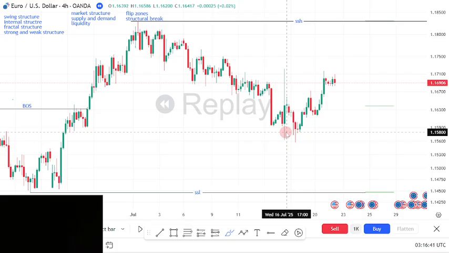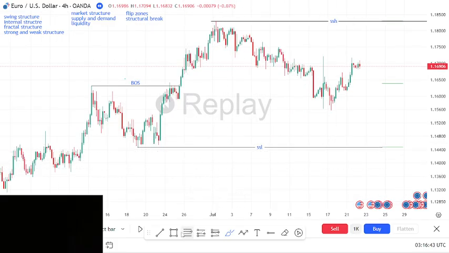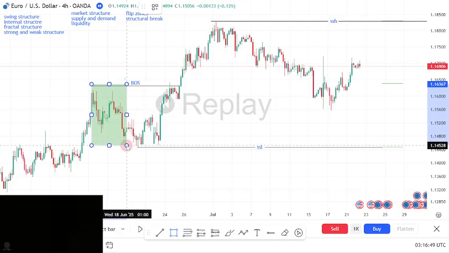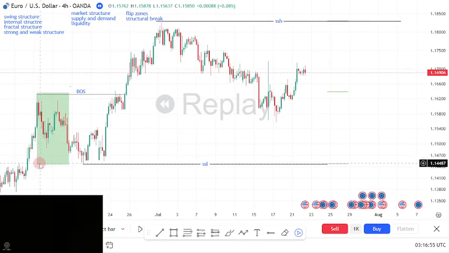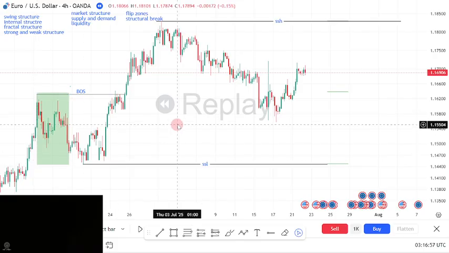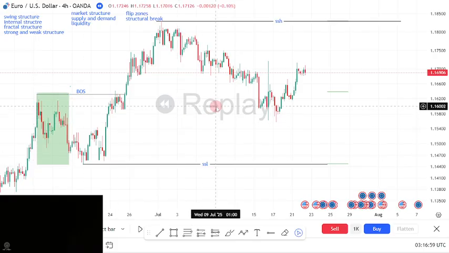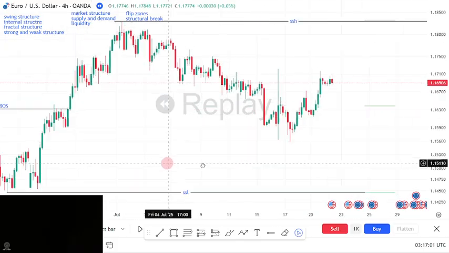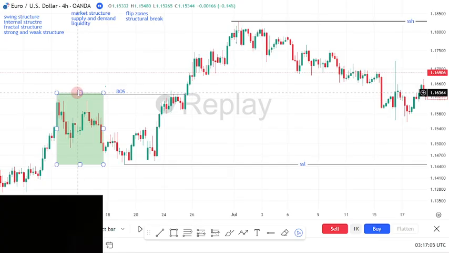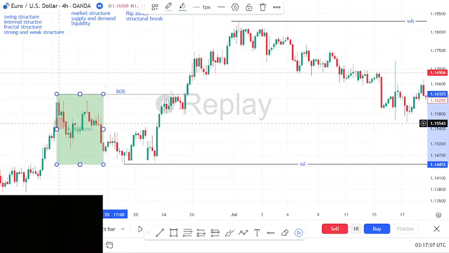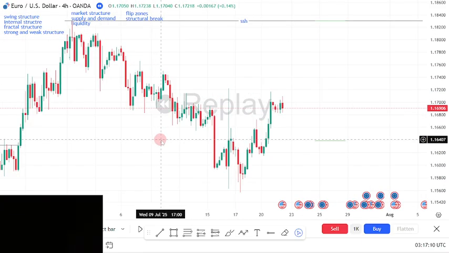Alright, so when price is pulling back, we expect where price will pull back to. I will go deeper into this later, but keep in mind that I'm expecting price to pull back into this green zone.